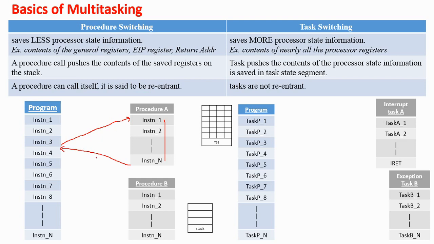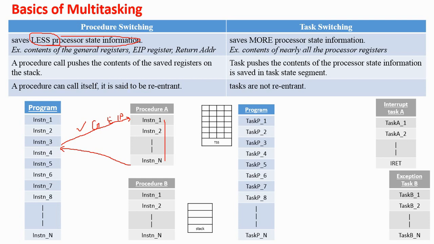So during this switching operation, the microprocessor saves some information. Less processor state information will be saved during switching. Those can be the contents of the general purpose registers, GPRs, the contents of EIP, that is the instruction pointer, the flags register, and it can be a return address. So the return address can be the pointer.